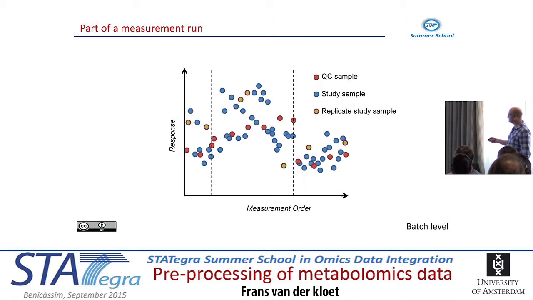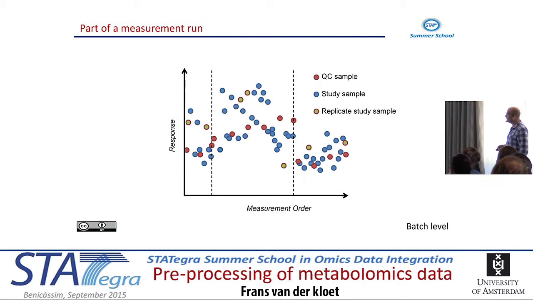Let's assume this is one day. You see that during the day the response of one variable of one compound, while it should remain the same, increases. So it's fair to assume that would also be true for your real samples. They also suffer from the same influence, the same trend. These were replicate study samples.